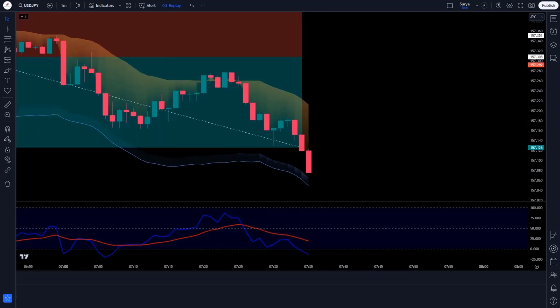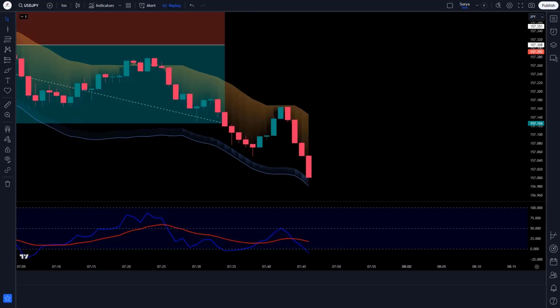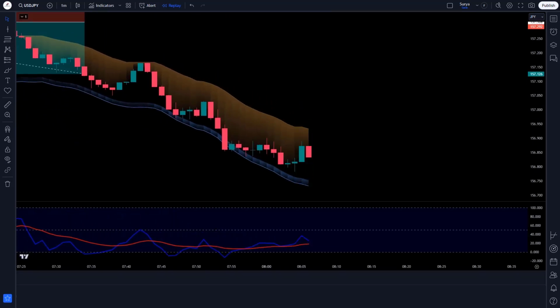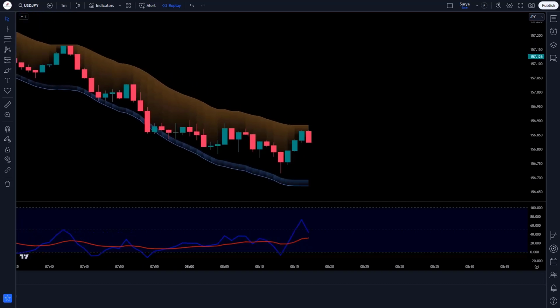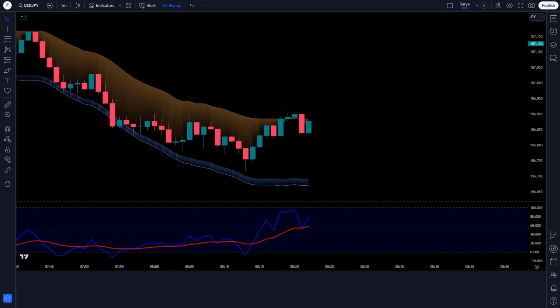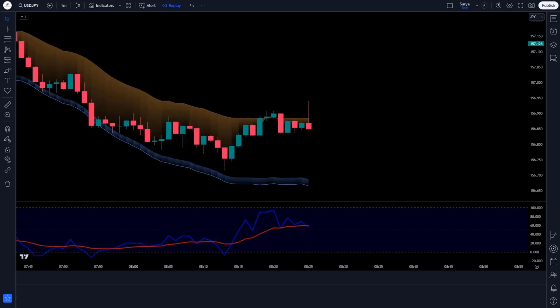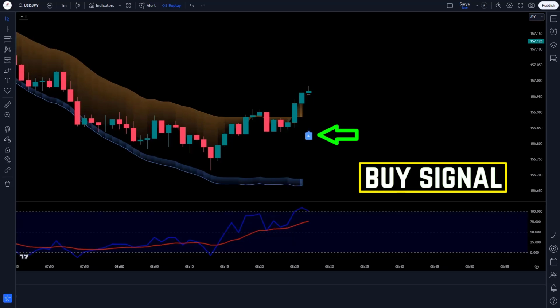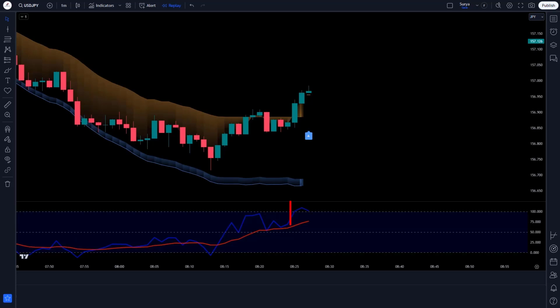Let's find the next signal. When the Kalman Step Signals Indicator gives us a buy signal, then the line of the CCT Bollinger Band Oscillator Indicator should be above the 50 level.